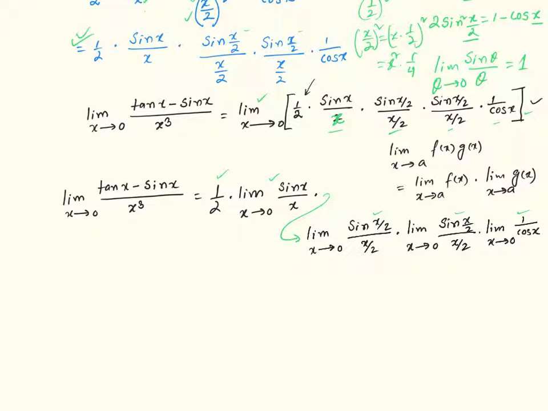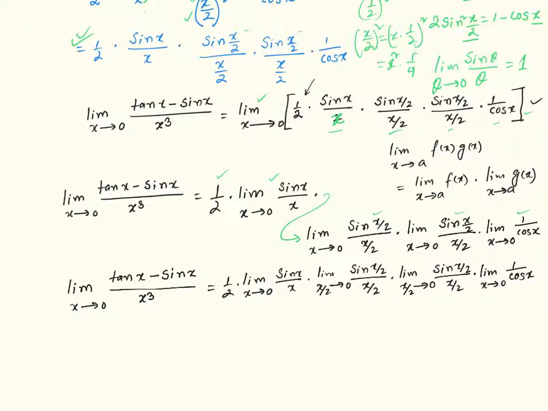Now I'm going to simplify it further. Let me just write it out. There is a little bit more simplification here, but not much. It's the same as the last line, the only difference being that right here and here, I have changed this x to x over 2.